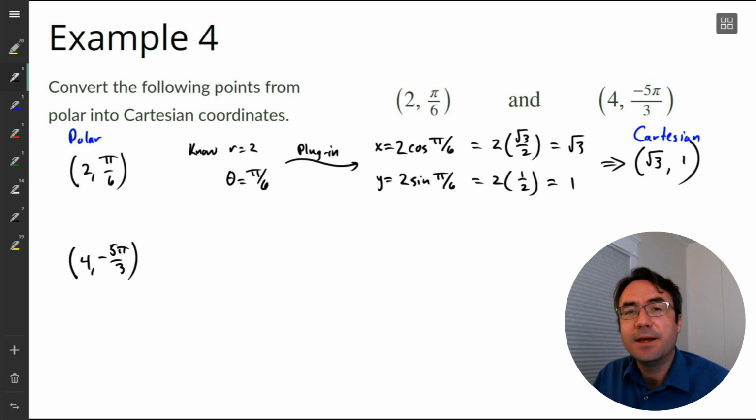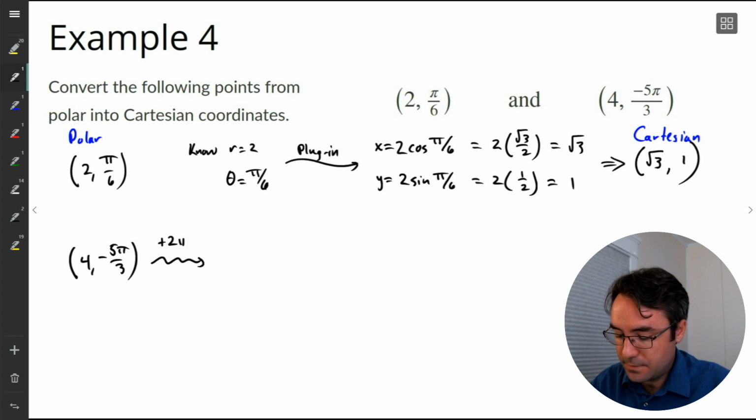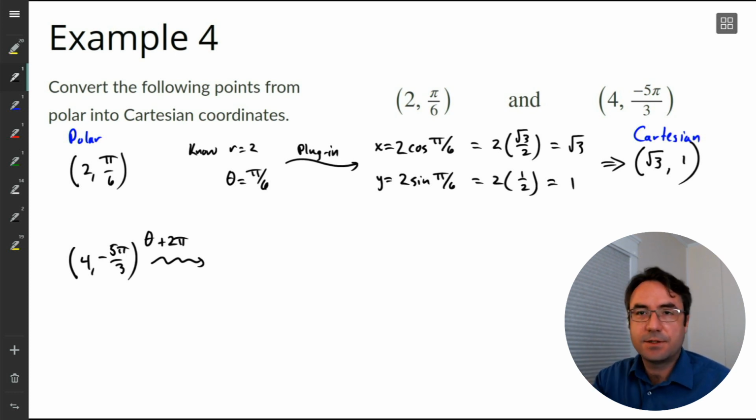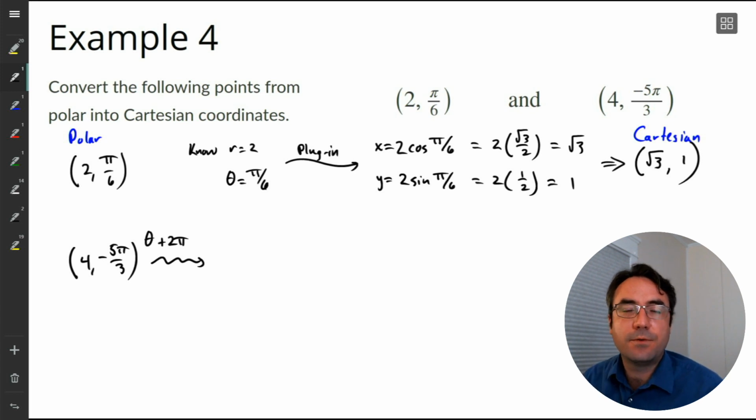Adding 2 pi just takes us fully around the circle and we're back to where we started. So if we add 2 pi to this angle, it's going to change the representation, giving us a different version for the point, but it's still going to be the exact same point on the plane, just written differently. We're going to go one full loop around, but we're back to where we started.